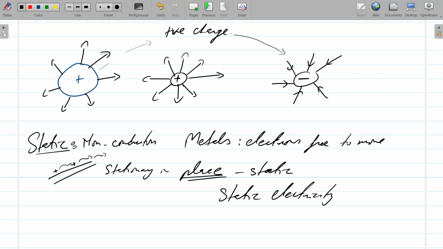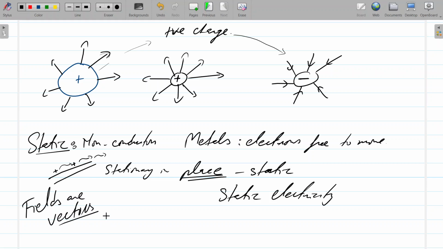Okay. Anything that I missed? Oh, by the way, all fields, like a magnetic field and electric field, are vectors.